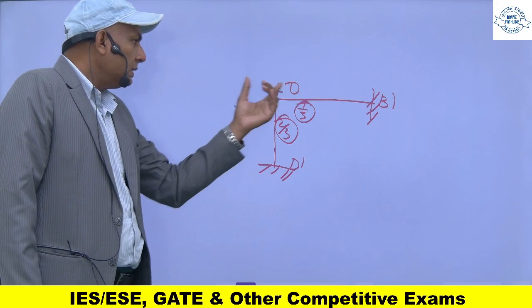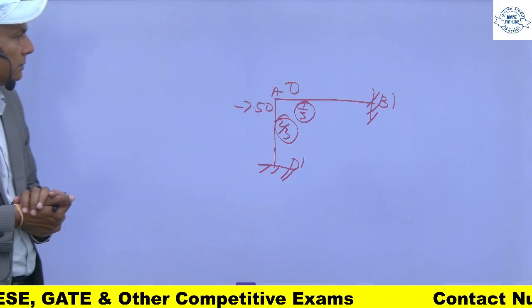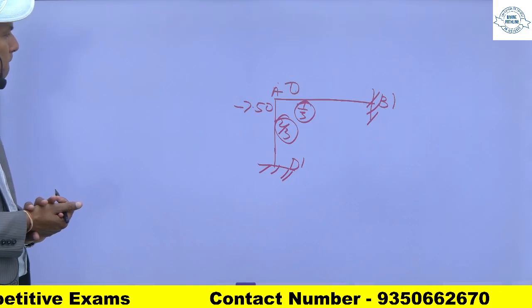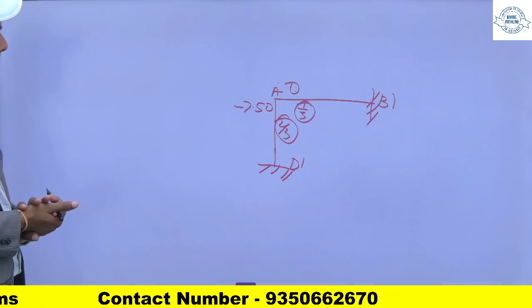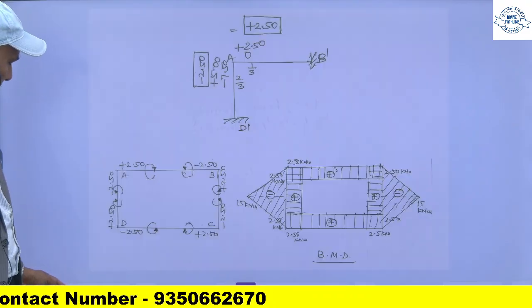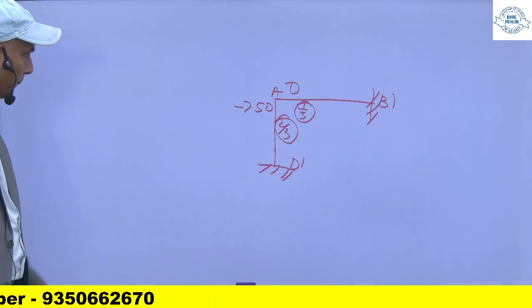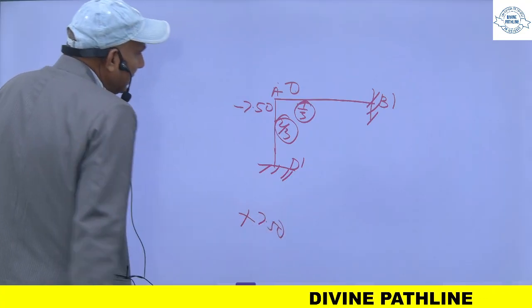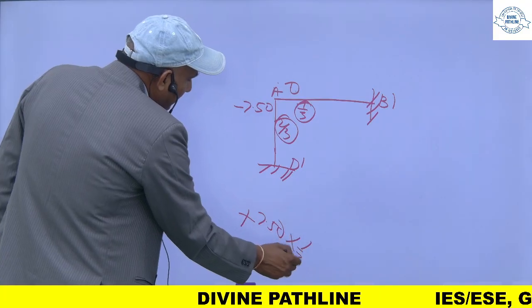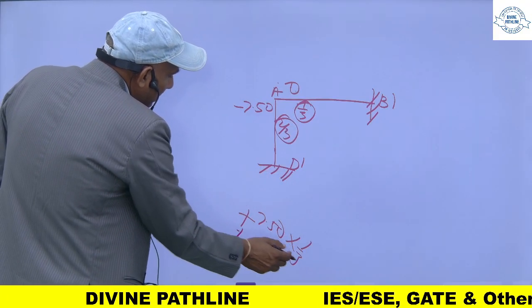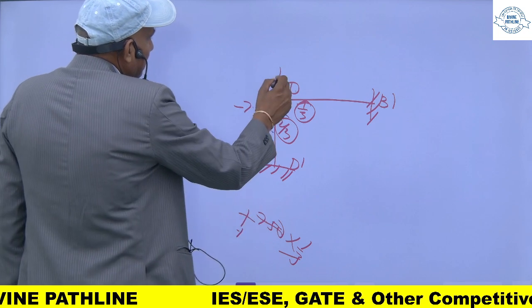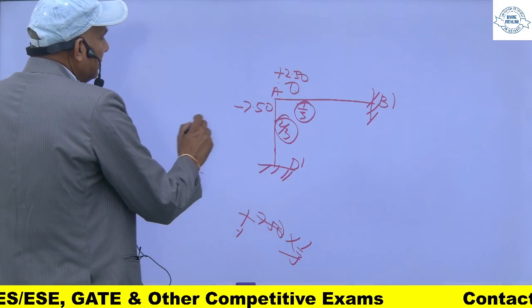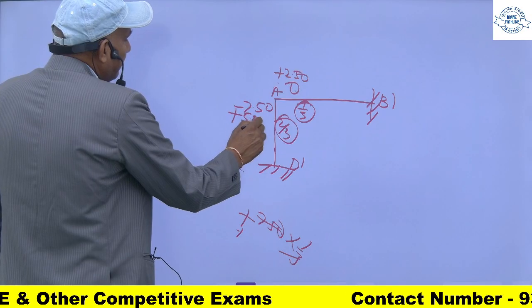Now the sum of this moment and this moment must be equal to 0. For making this 0, I will apply a correcting moment of 7.5, and that will be distributed by 1 upon 3 for this, so this will be plus 2.50, and for this member it will be 2 times this, so plus 5.